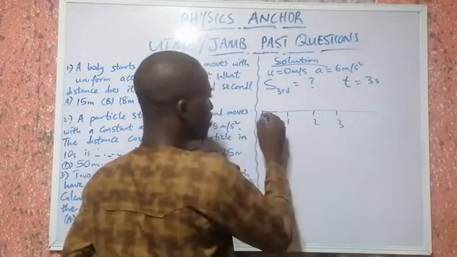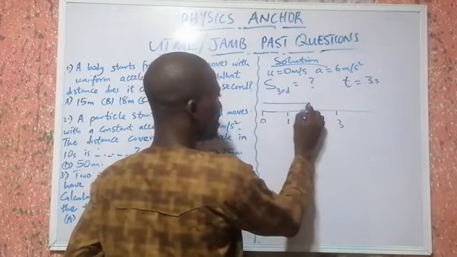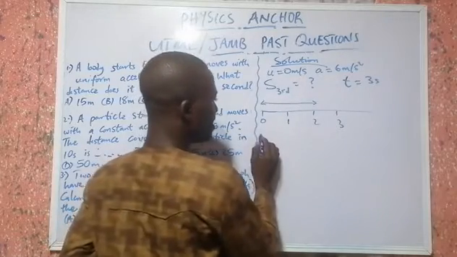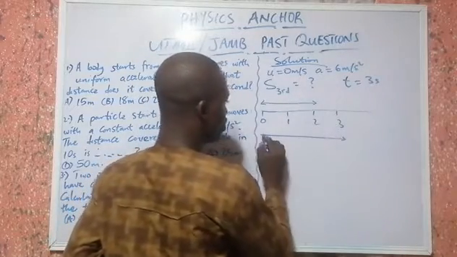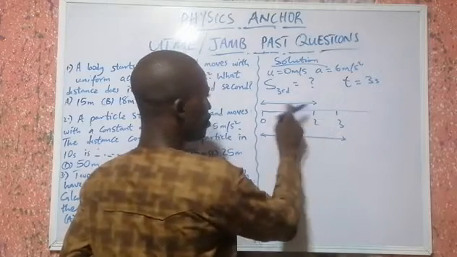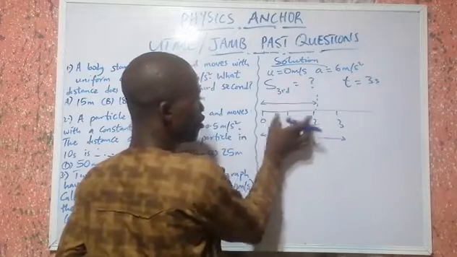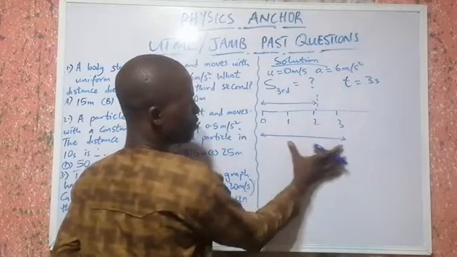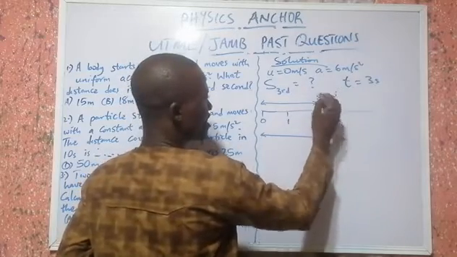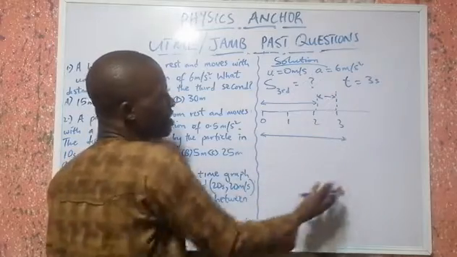The journey took place for 3 seconds, but we can find the distance for the first 2 seconds and the distance for the whole journey, that's 3 seconds. If we subtract the distance for 2 seconds from the distance for 3 seconds, it gives us the distance covered in the third second.